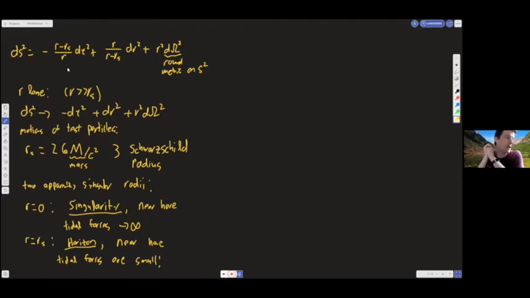You just coast on through. On the other hand, although nothing locally is special about the horizon, there is something global that's special about the horizon, because when r is less than rs, the relative sign flips.